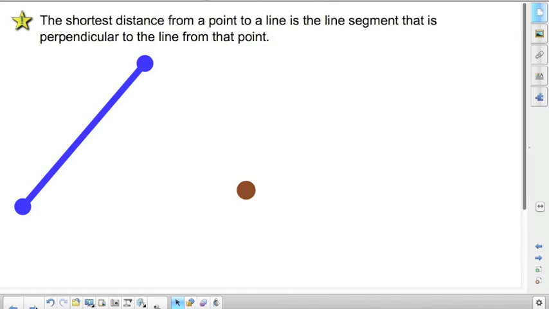I know it's a mouthful, so write it down and I'll explain it more in detail with an example. That concept again, perpendicular to the line from that point.